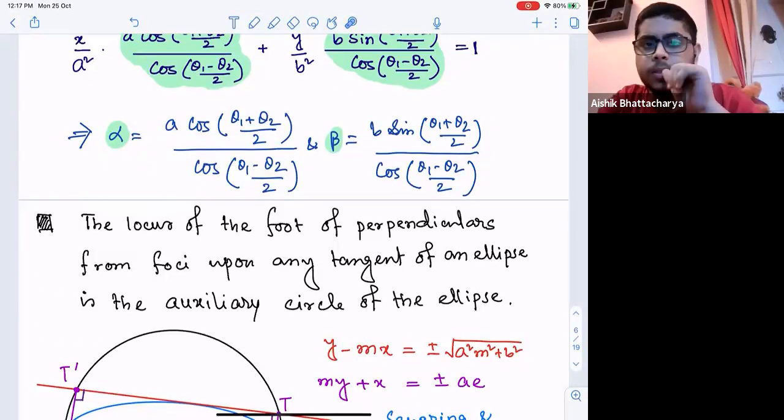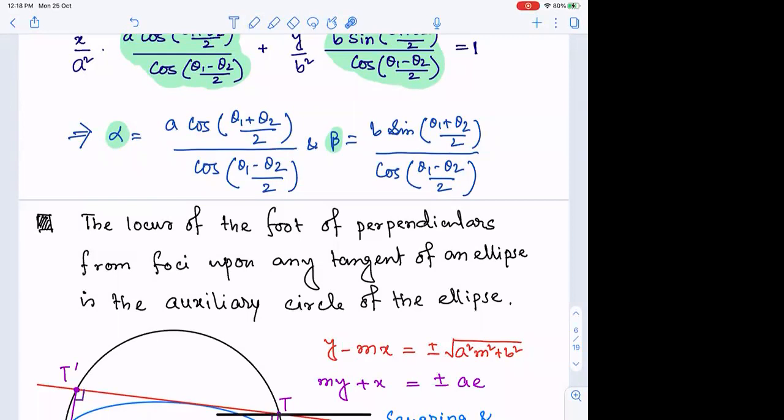Yes, sir. In that direction, we do have two possibilities. One is we will solve these two equations as two equations in two unknowns, and hence get the point of intersection as some h comma k, where h and k both will be in terms of slope, right?